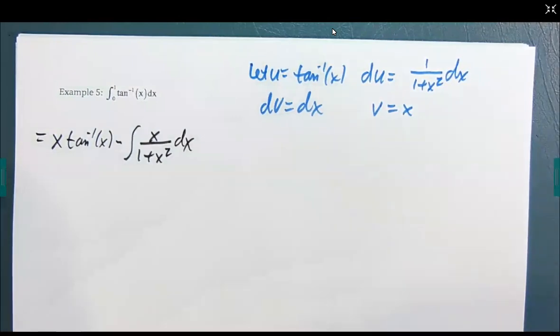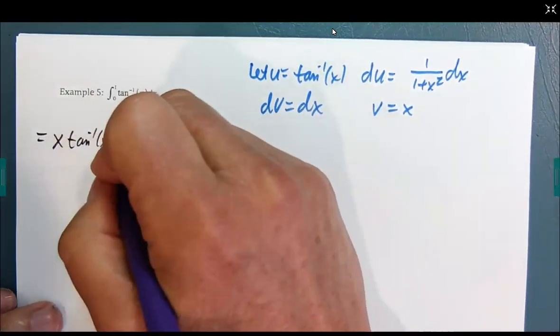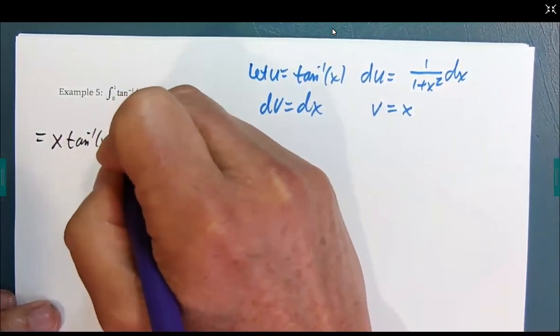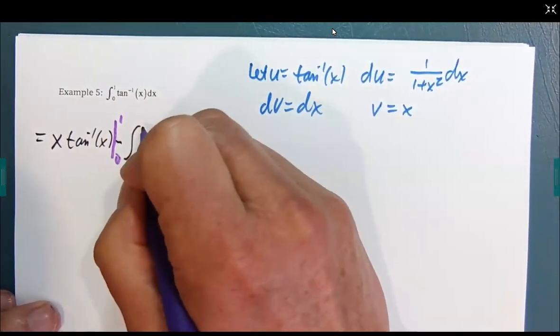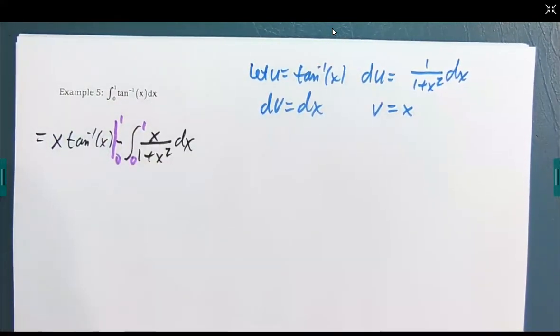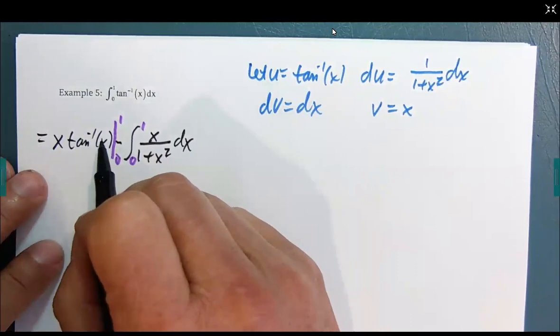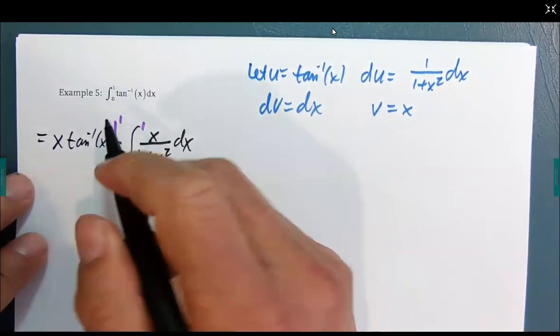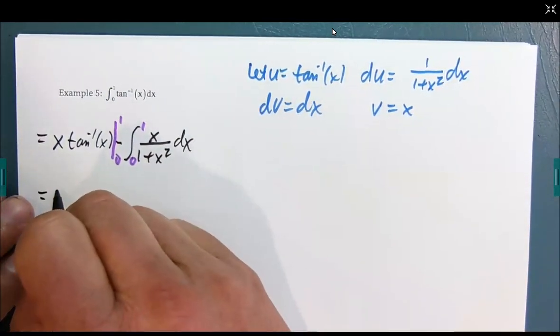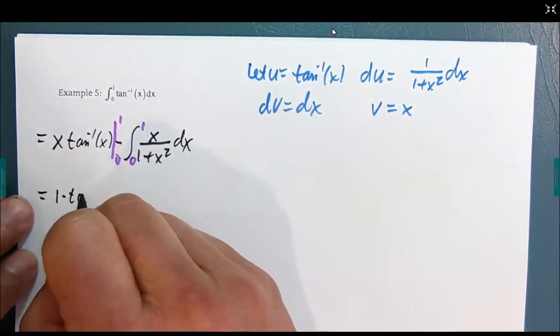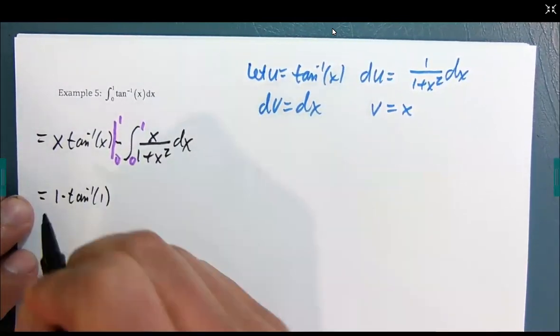And of course, we are integrating this from 0 to 1. All right, I want to point out when I put 0 in there, those are both 0, so those are gone. So I only need to worry about 1. So this actually becomes 1 times the inverse tangent of 1. We'll come back to that.